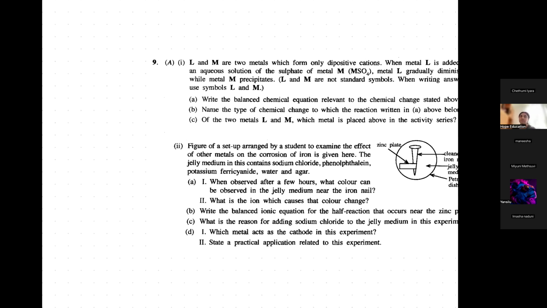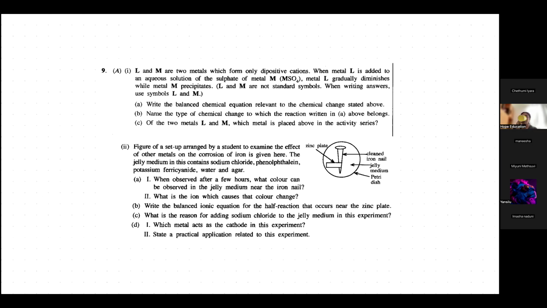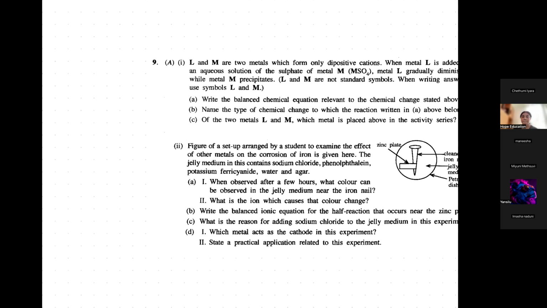Others? Situki done. Manisha done. For others, I will give you 2 more minutes. Quickly finish. We have to discuss this within today.